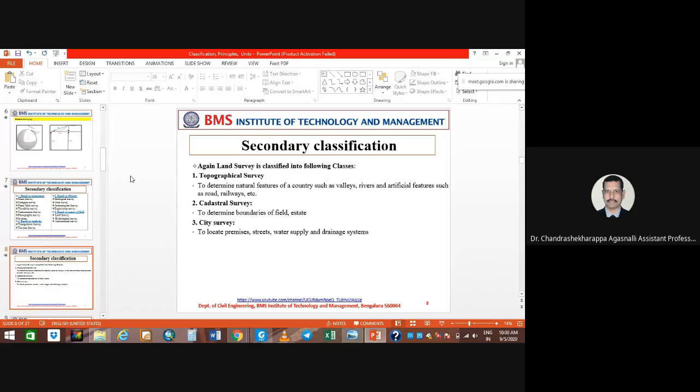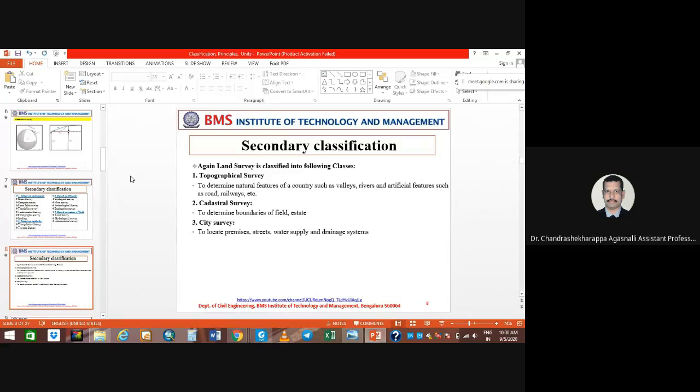Okay, what is a cadastral survey? What is there in the cadastral survey? To determine the boundaries of the field. Either it may be an agriculture field, or it may be the reservoir, or it may be taluka boundaries, district boundaries, village boundaries, or it may be your state boundaries, or national boundaries, international boundaries.